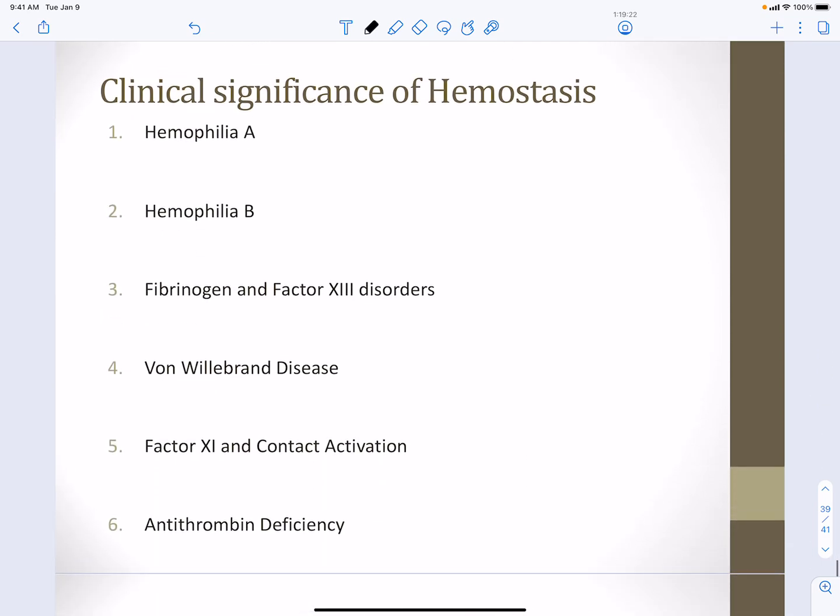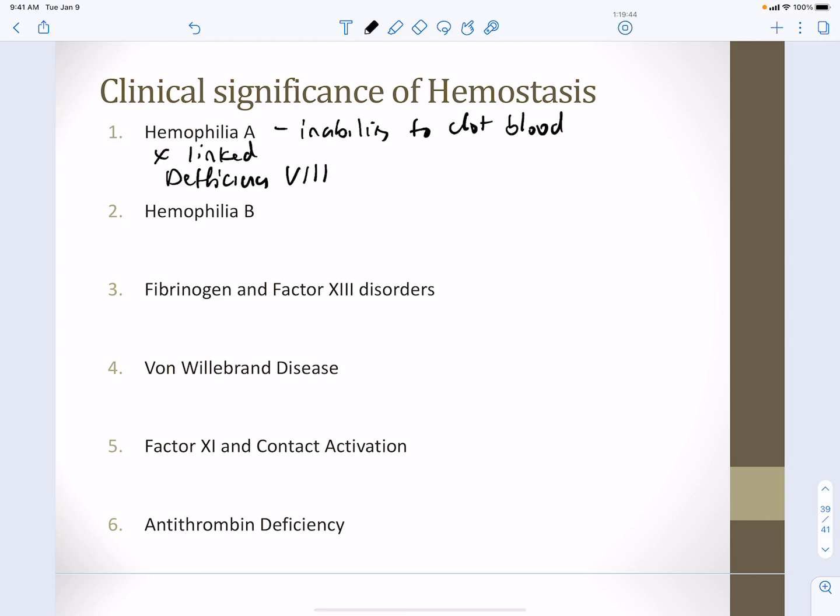Clinical significance of all of this, we've talked a lot about all of these. Hemophilia A is the inability to clot blood. This is an X-linked disorder, and the deficiency is in factor 8. It has various degrees, severe to mild.